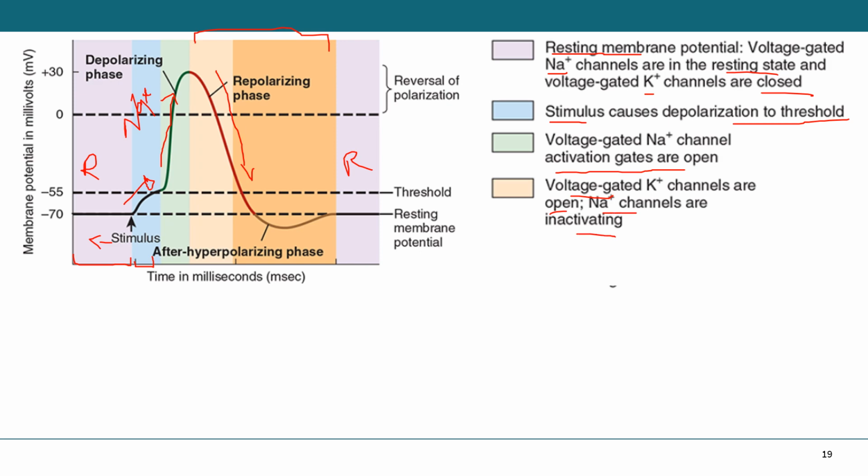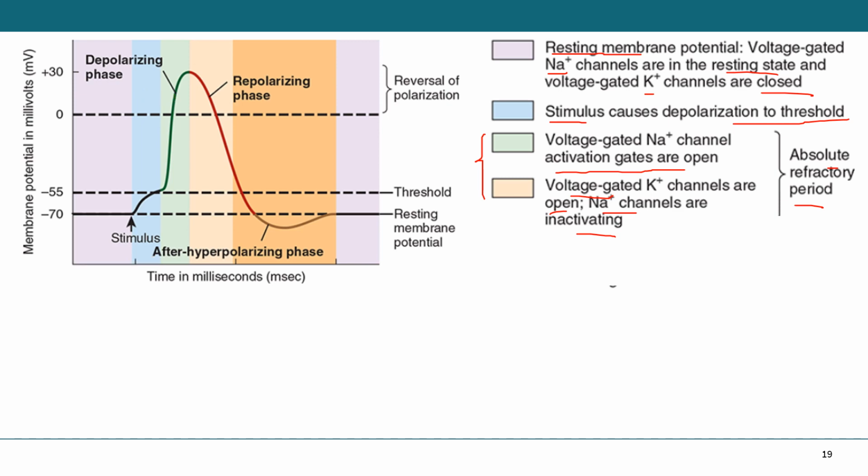And these two stages, the light green and the light orange, are called absolute refractory periods. Why? Because there is no way that in this stage you can have a new nerve impulse happening. At this stage, the cells are not able to do that, and there seems to be a correlation.